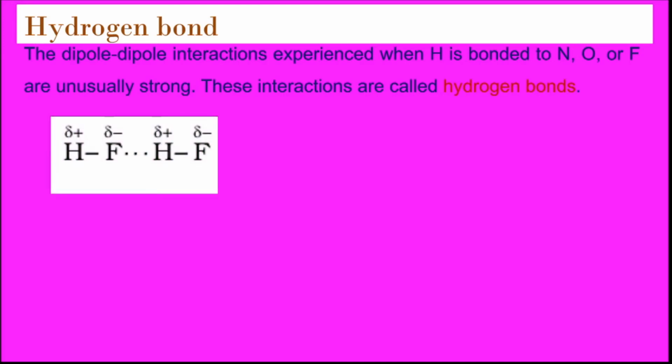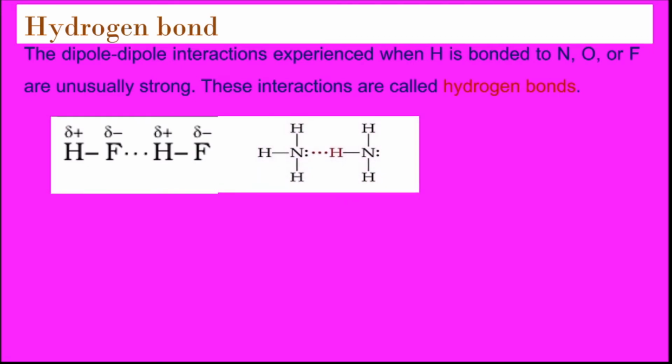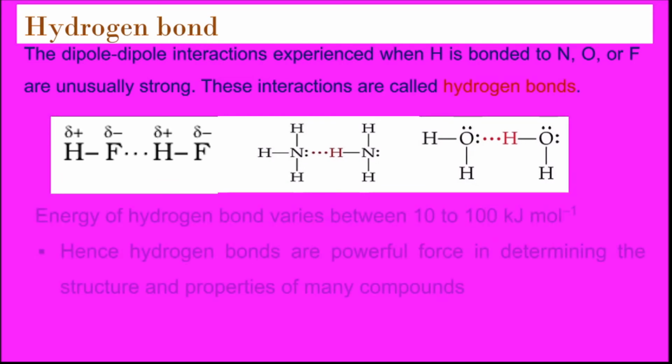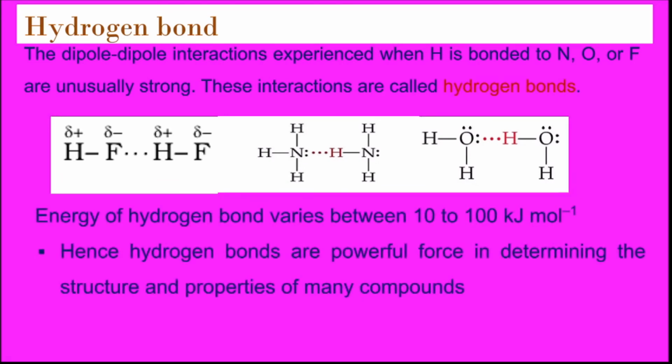Here you see hydrogen bonds formed between HF molecules, NH3 molecules as well as H2O molecules. Energy of hydrogen bond varies between 10 to 100 kJ per mole. Hence, hydrogen bonds are a powerful force in determining the structure and properties of many compounds.